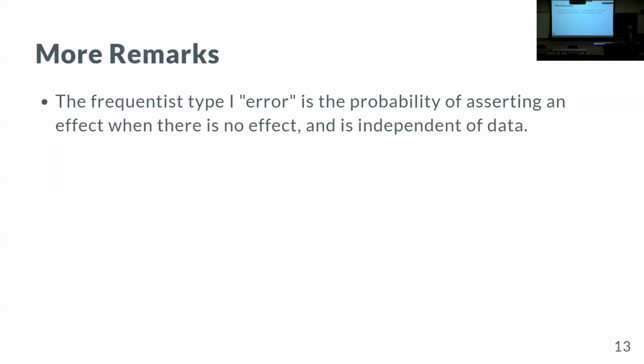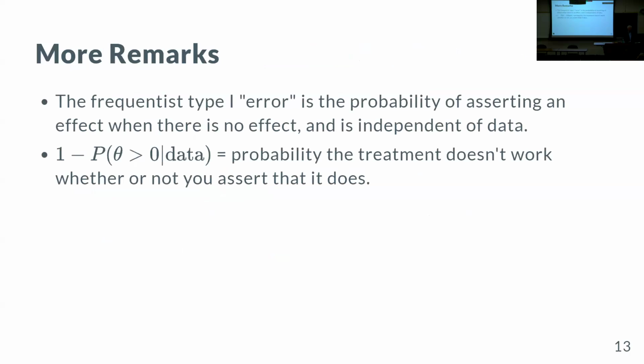So the type 1 so-called error, which has nothing to do with making an error, so probably asserting an effect when there's no effect, it's independent of data. Whereas if you calculate the probability that a treatment works in the right direction, 1 minus that is the probability that it doesn't work. So the probability of inefficacy is 1 minus the probability of efficacy. So this is your probability of being wrong or making a mistake, making an error.